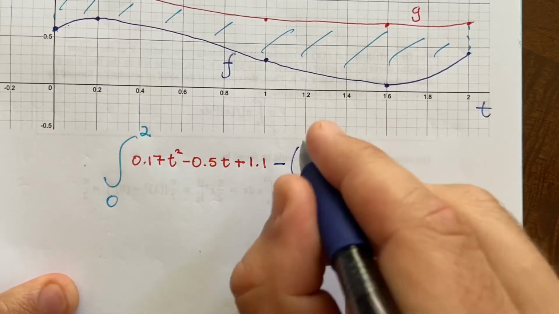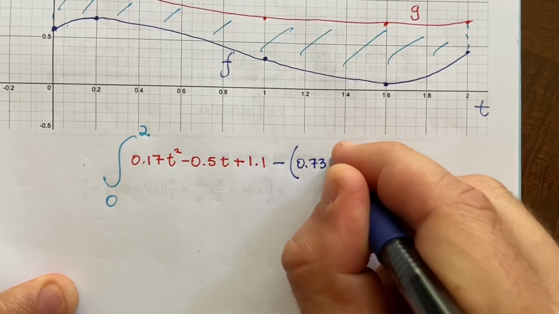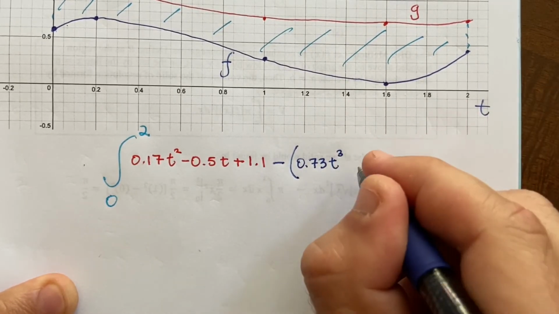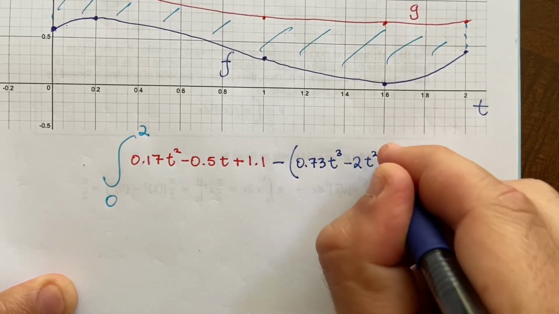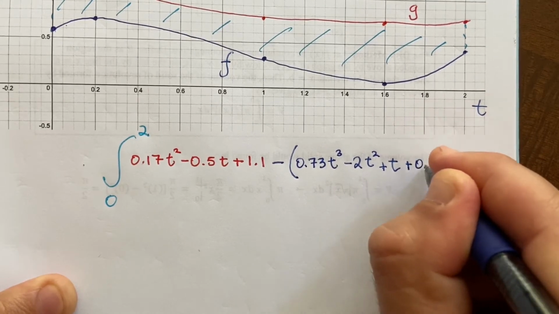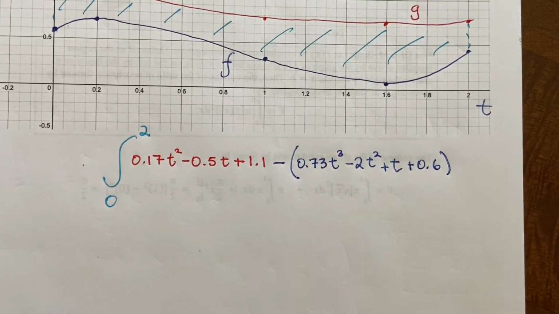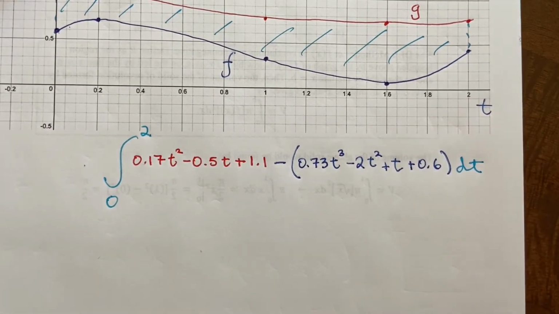So parentheses, 0.73 times t cubed minus 2 times t squared plus t plus 0.6. And then everything is being integrated with respect to t.